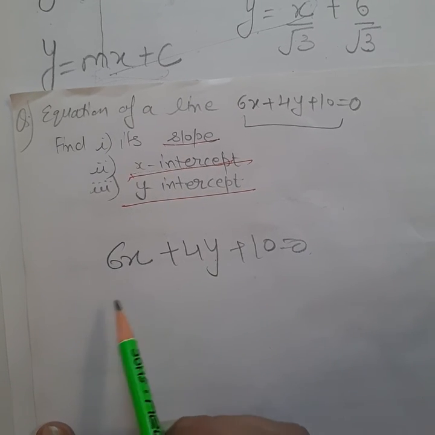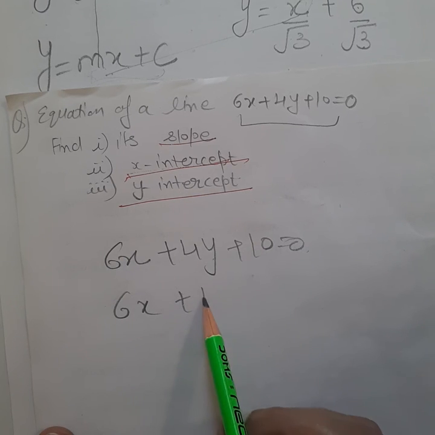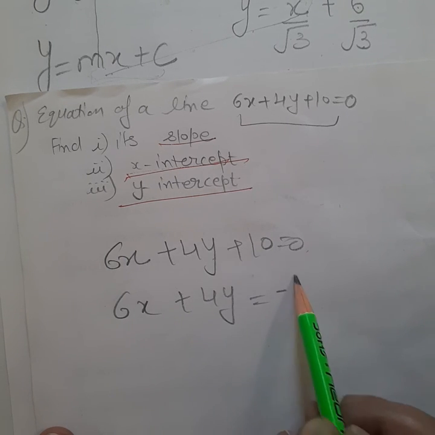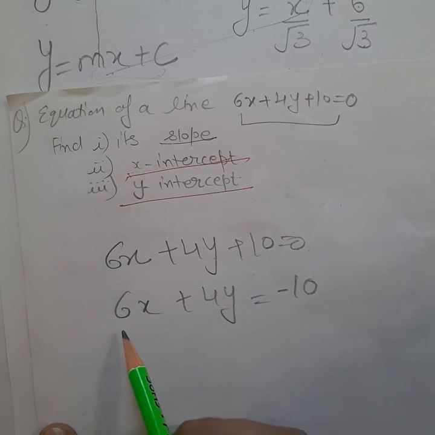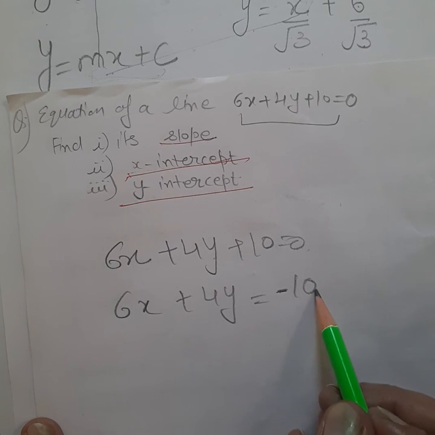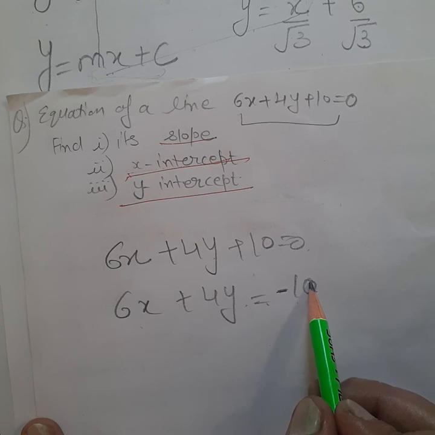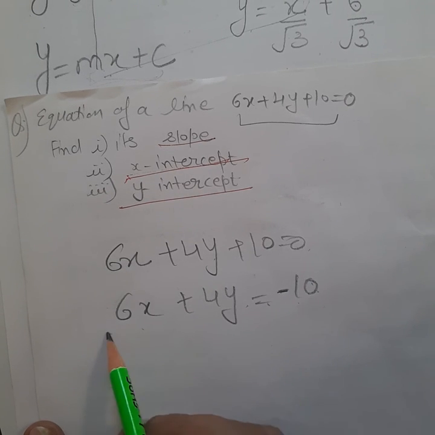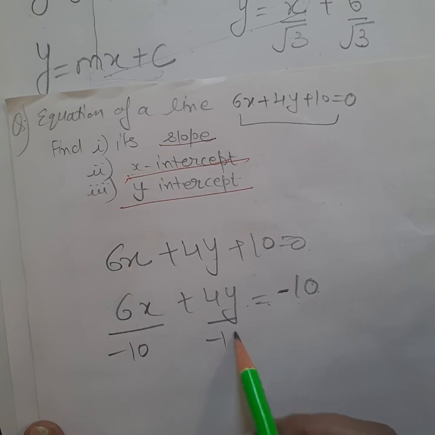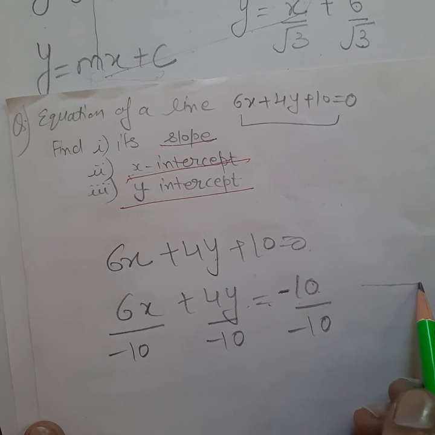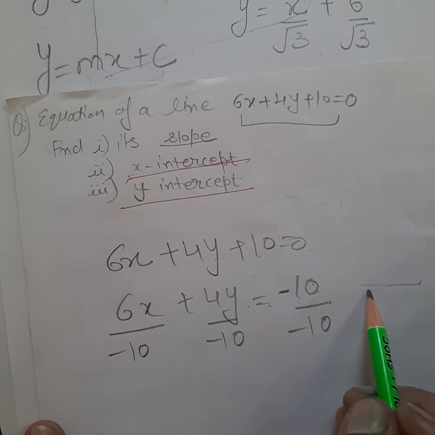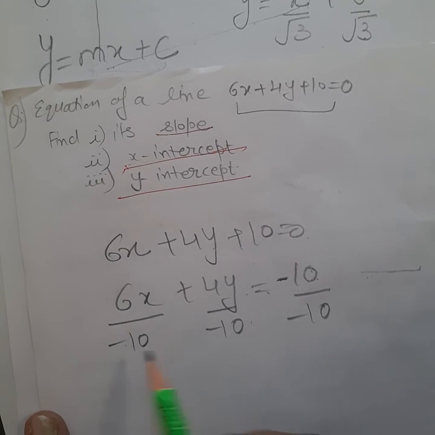One of them: if you take 10 on the right hand side, the digit which we have on the right hand side, we divide both sides by that digit. We have minus 10, so you can divide by minus 10 on both sides.